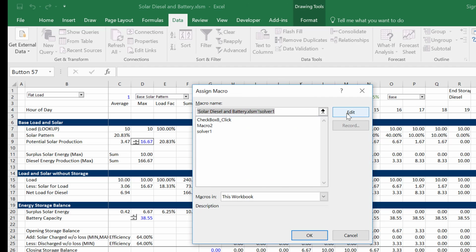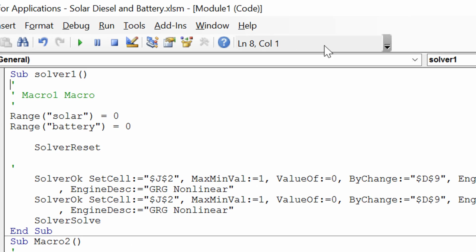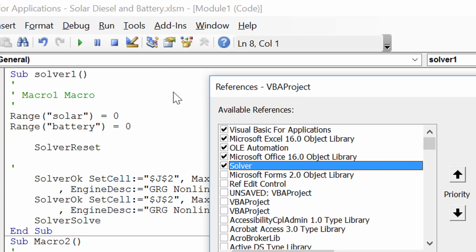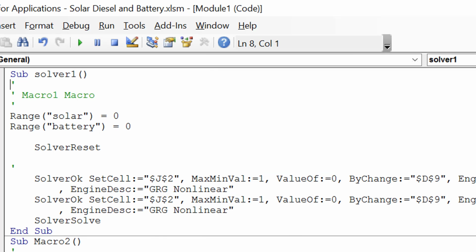I'm going to go to assign macro. And there are a couple of things. The most important thing is when you put in the solver, even with the new Excel, you've got to go to Tools and References, and you've got to click this one called Solver. That's the big thing. And then you record the macro. When you record the macro, I have to put in this solver reset.